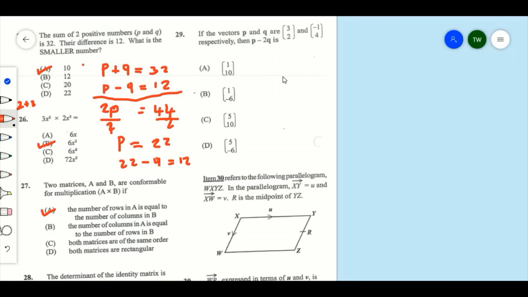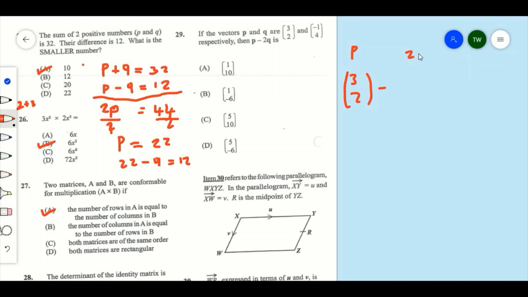Question 29. If the vectors P and Q are (3, 2) and (-1, 4) respectively, then P minus 2Q is, now we know that vector P is going to be (3, 2). That's vector P there, minus 2Q.